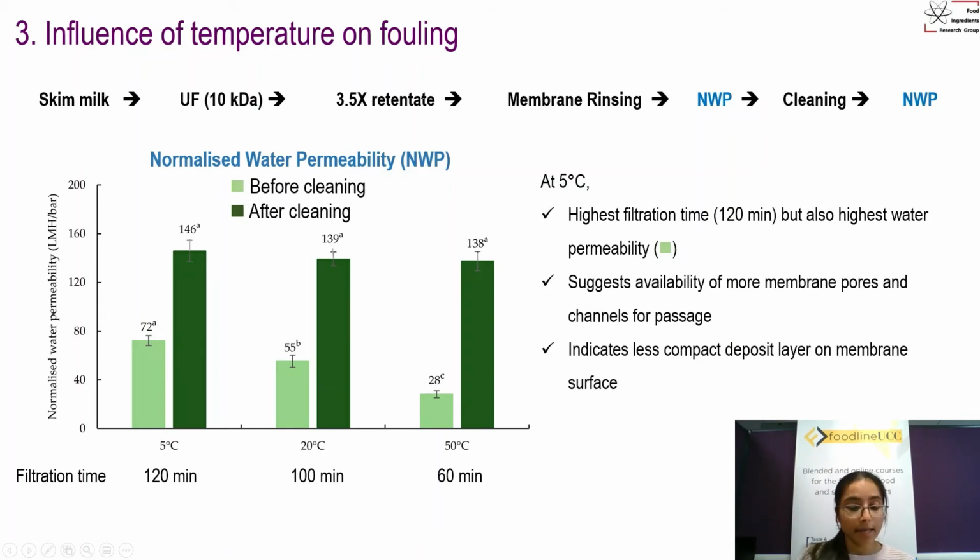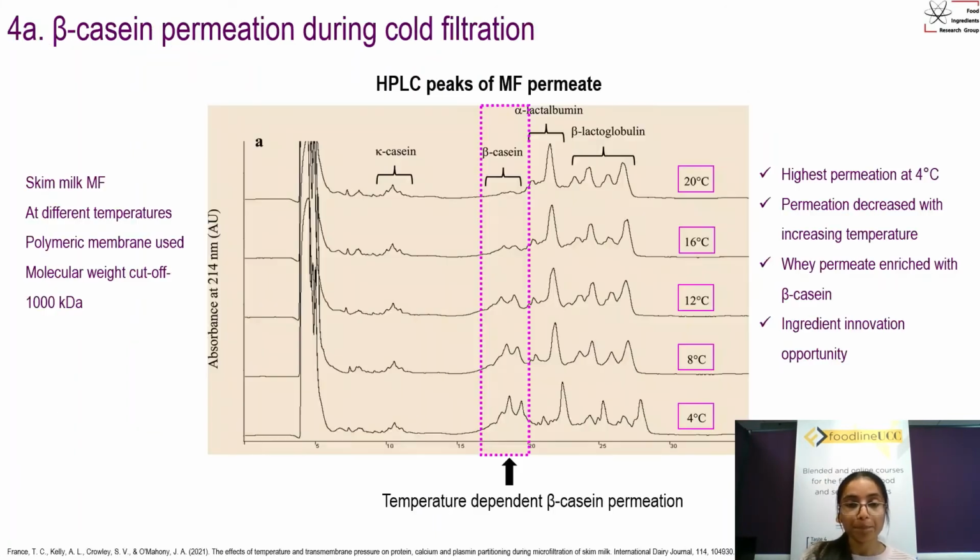This indicates that there were more pores and channels available for water passage after cold filtration was carried out. It also suggests that the deposit layer built up on the membrane after cold filtration was less compact. So this suggests less intense membrane fouling at cold temperature.